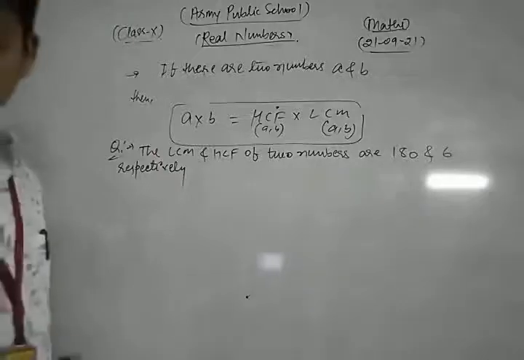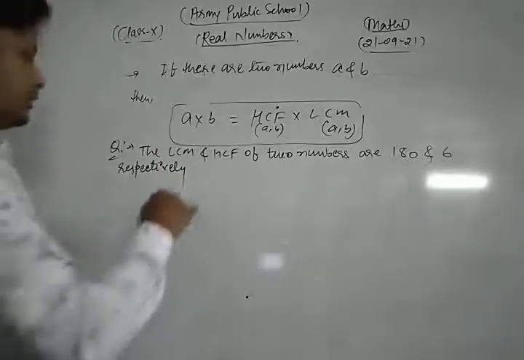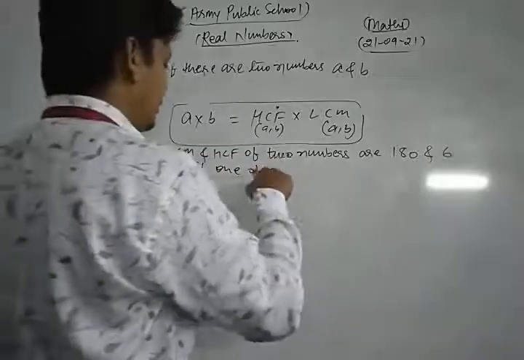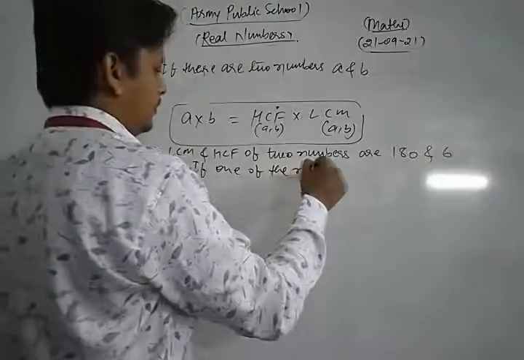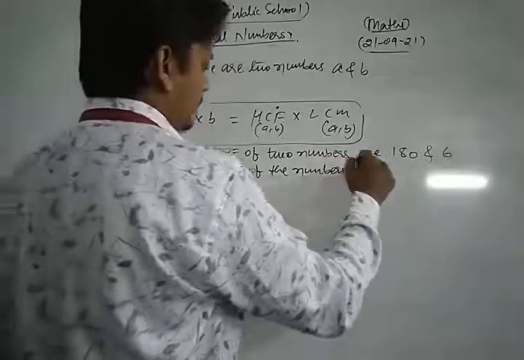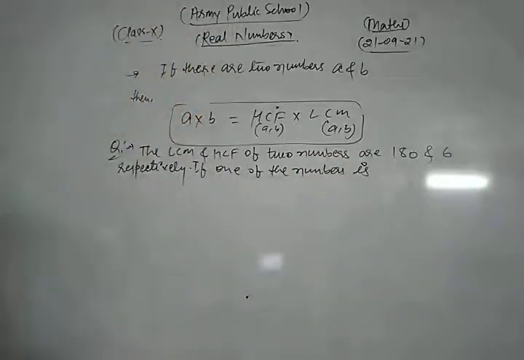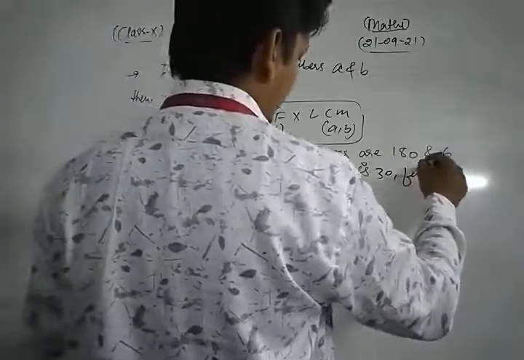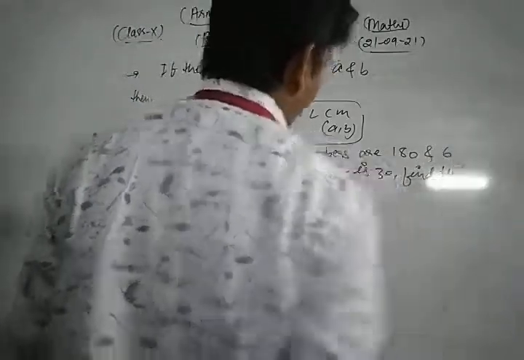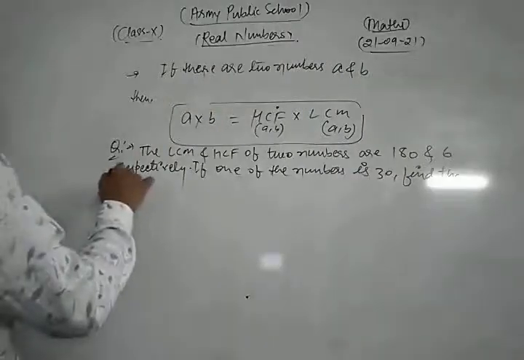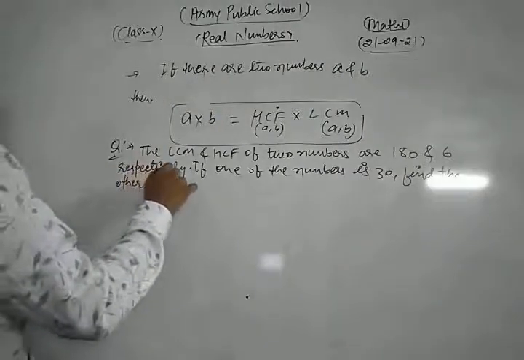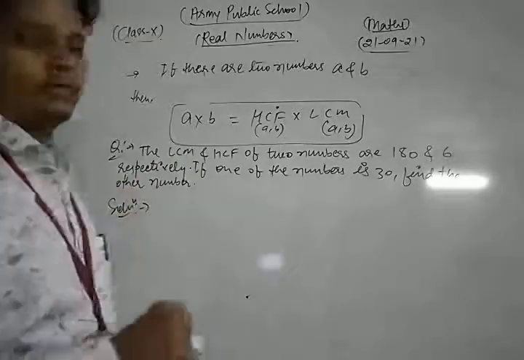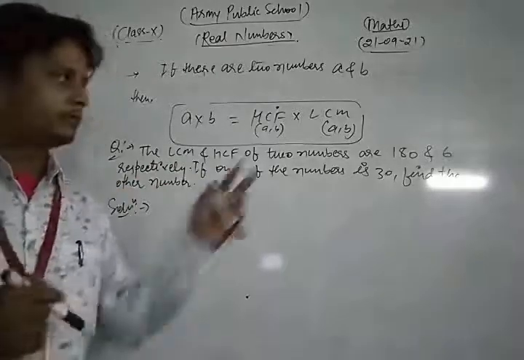If one of the numbers is 30, find the other number. Now let's see its solution. So this is the question based on this.